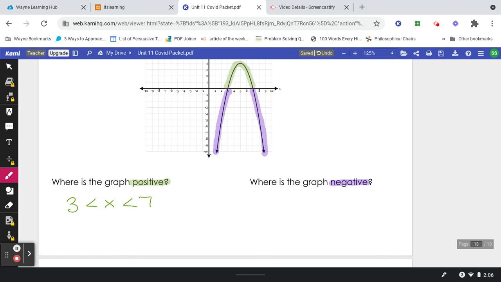So on the left-hand side, starting here, because it's an arrow, you're going to say negative infinity less than x less than, and all the way up until the 3. And then you've got this other section, which starts at 7. So we say from 7 all the way until, and notice the arrow goes on forever, we use our positive infinity sign.